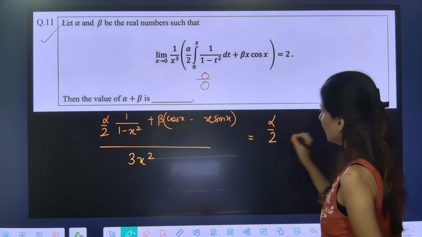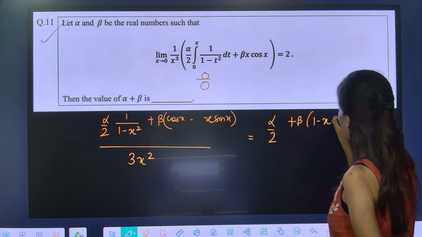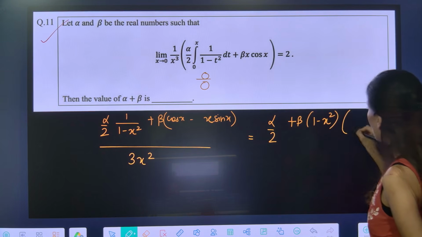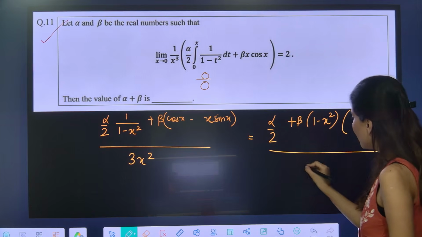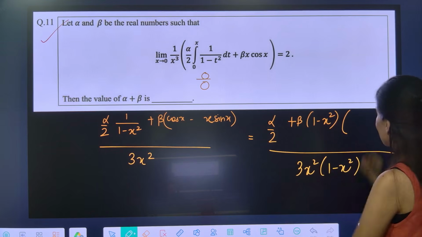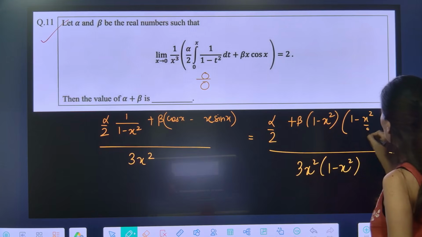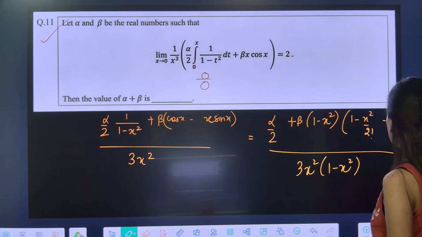Alpha by 2 plus beta 1 minus x square cos x. Use expansion, and if you take an LCM, you will get this in the denominator. Cos x, 1 minus x square by 2 factorial, and so on. Minus x sin x, so it will be x square, that's it, and so on.